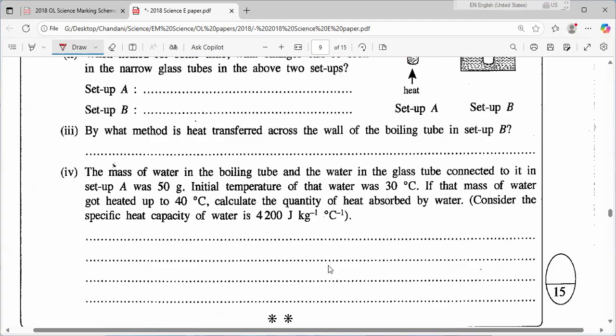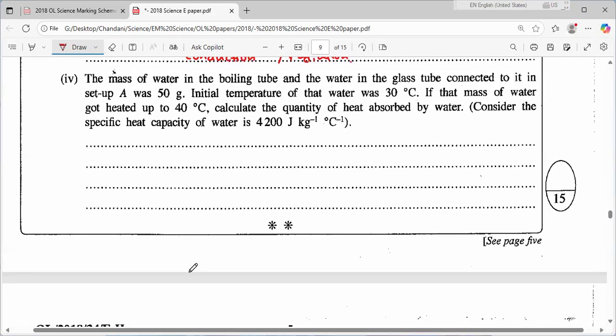So the heat transferred across the wall can happen by conduction, but conduction is better in the solid form. This is glass, so here we can write conduction, and other than conduction it can go by radiation as well, but not convection.